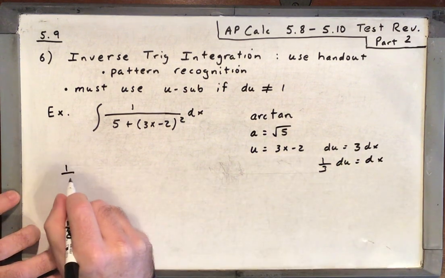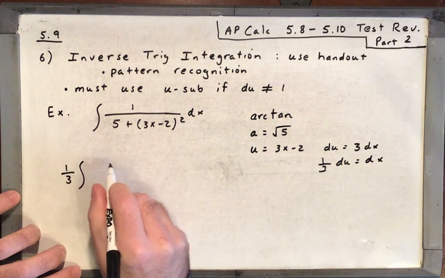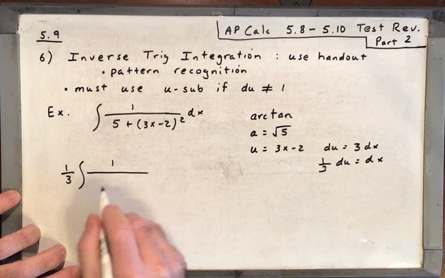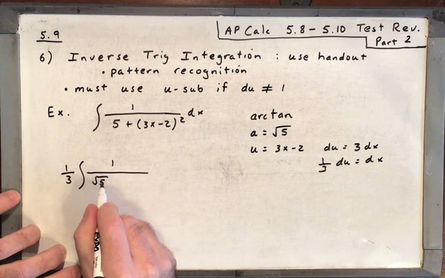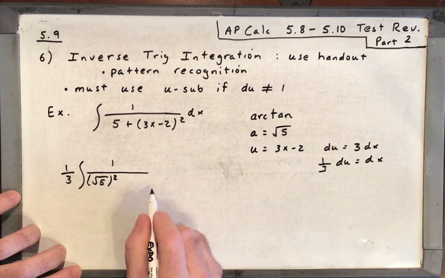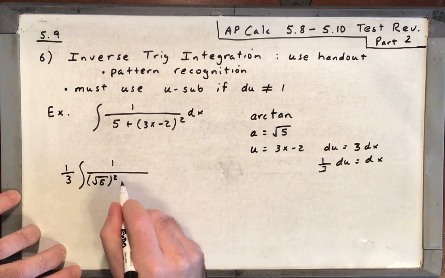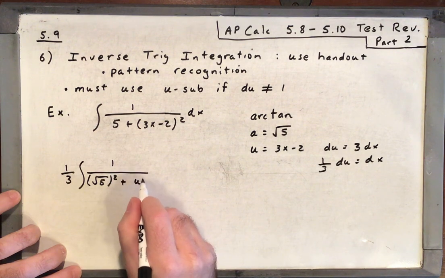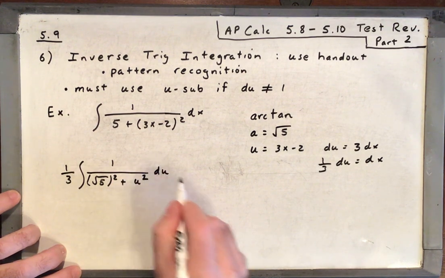We can rewrite this as 1/3 times 1 over (square root of 5) squared plus u squared du.